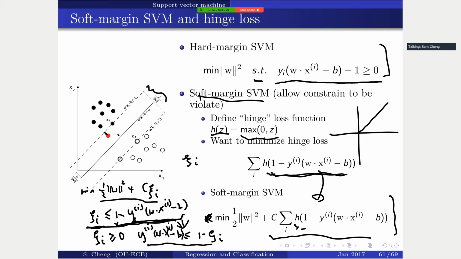This is the constraint, and when the constraint is violated, let's focus on that case, then this one is negative, so this one is positive. Okay, this one is positive.